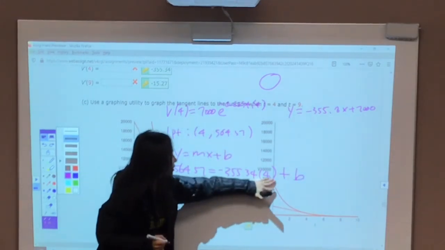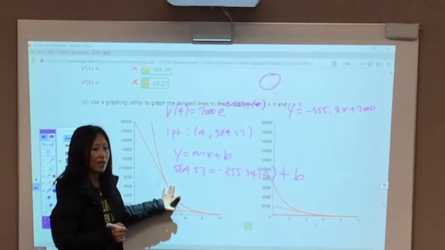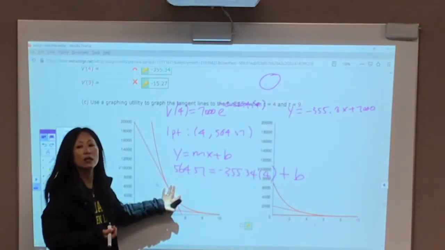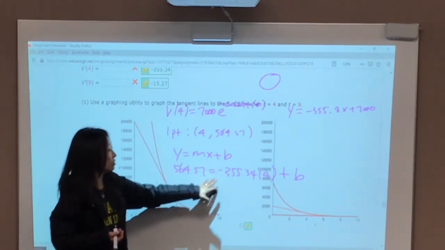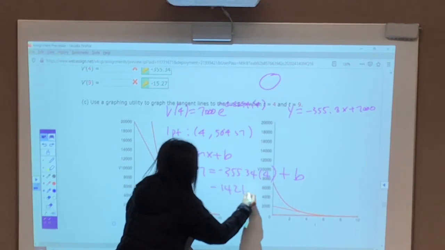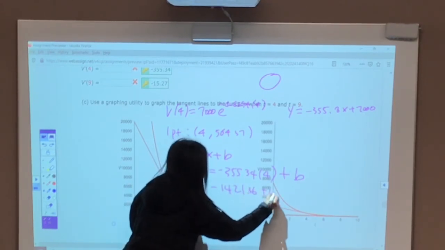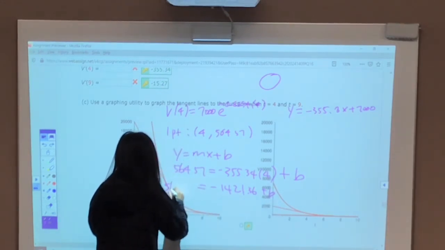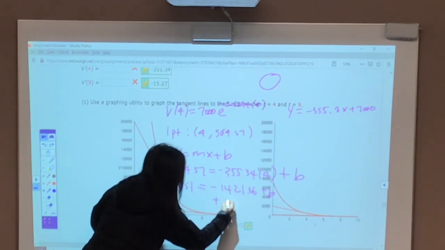So tell me what that equals. And then move to the other side, and that's your b. So what is this equal to? Negative 1421.36 plus b equal to 564.57. So I'm looking for b, so I gotta add this number, right?